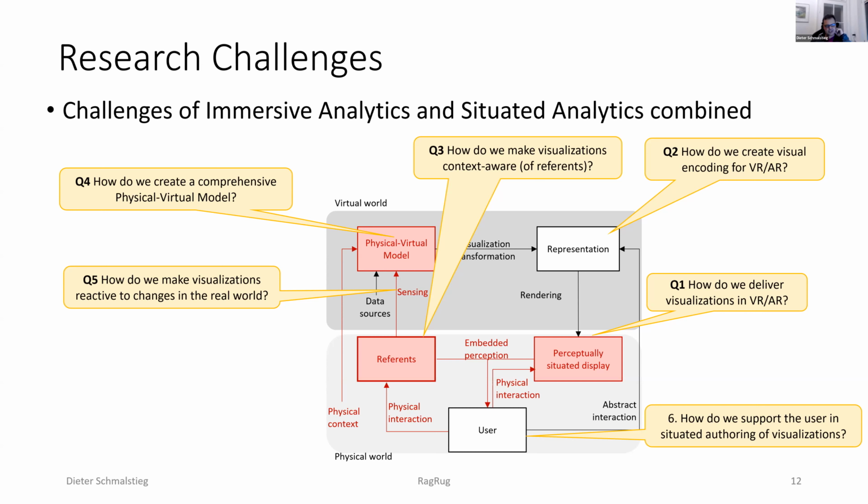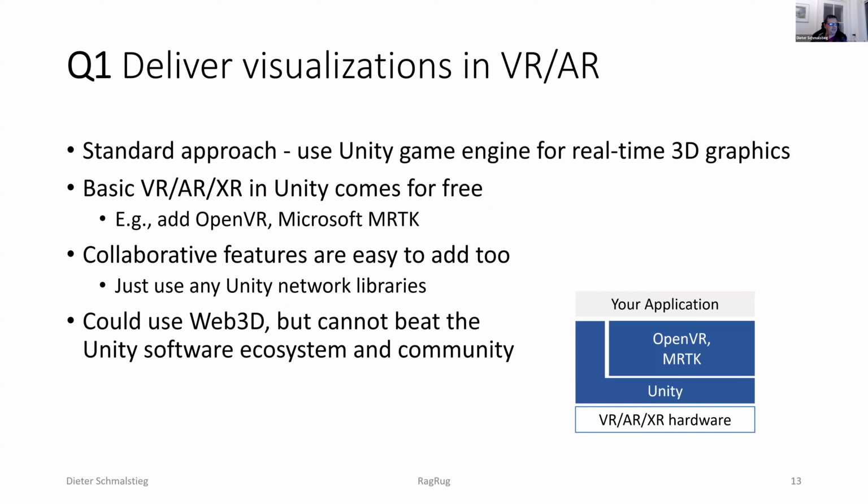These are the 6 questions that we will try to address today, and for which we have developed RagRug to have some sort of tool that lets us work these out. And I'll start, of course, with a simple one. The first question, how can we deliver visualizations in VR, AR?